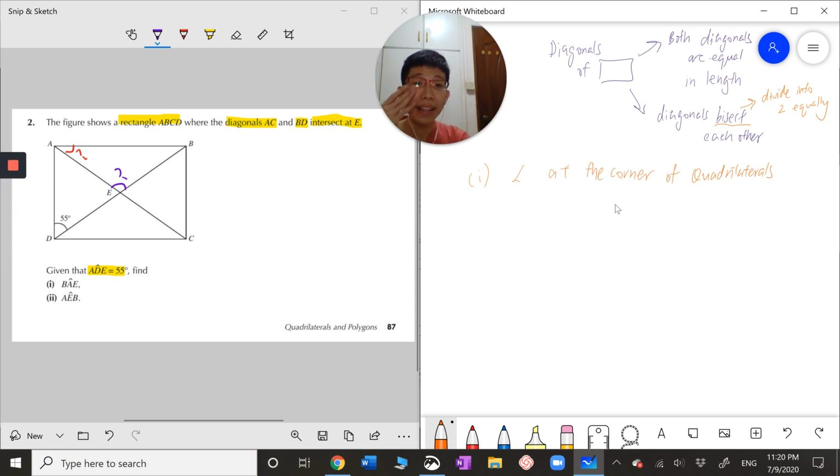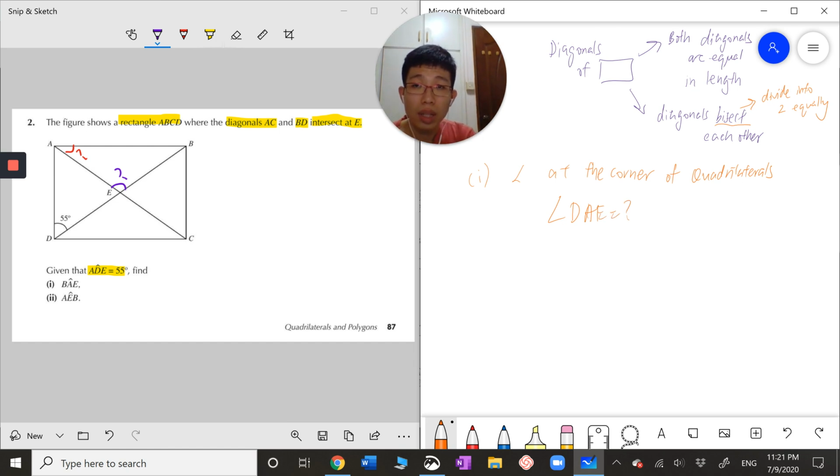Whenever we are looking at angles at the corner of a quadrilateral, it means we need to take the total angle minus the angles that we are not trying to find. So this means we need to find out what is the angle DAE.